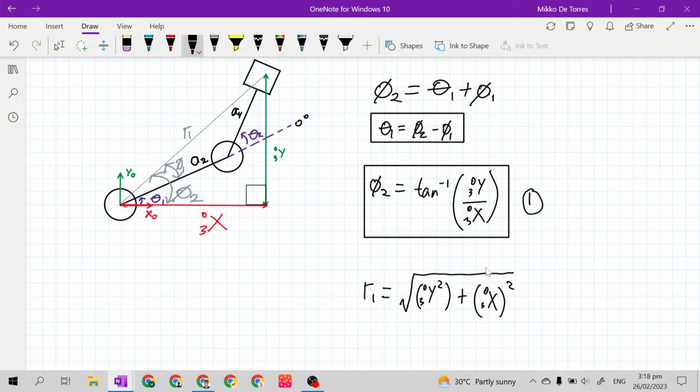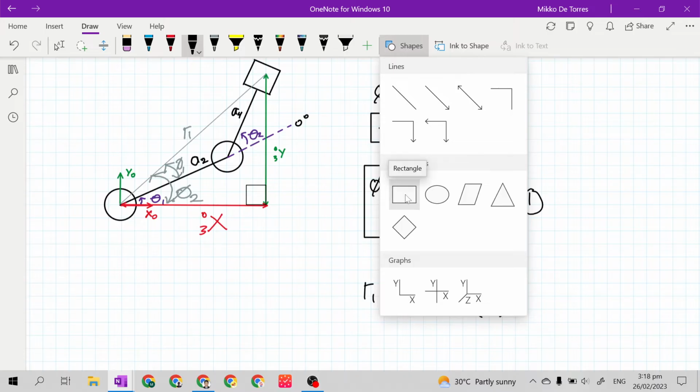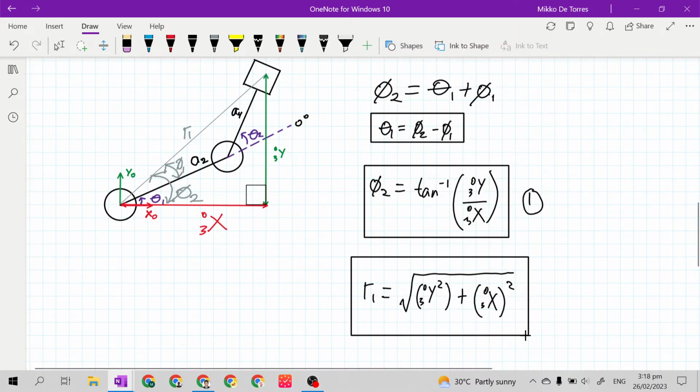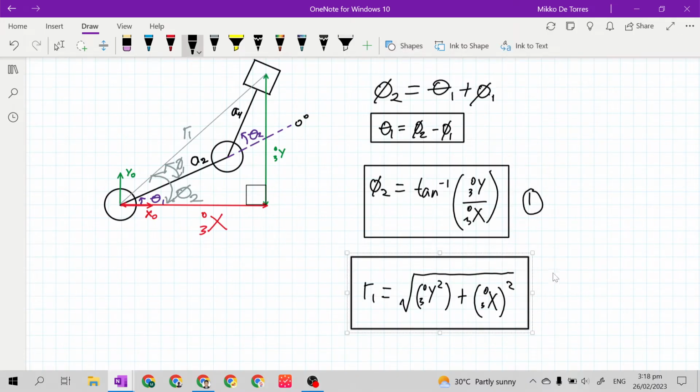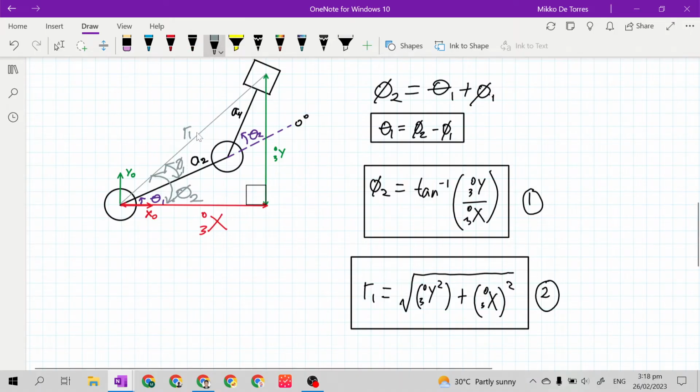So this will be our formula to solve r sub 1. We will number it as our second equation because with r sub 1, we can get phi 1 here inside. Now we already know what is r sub 1.